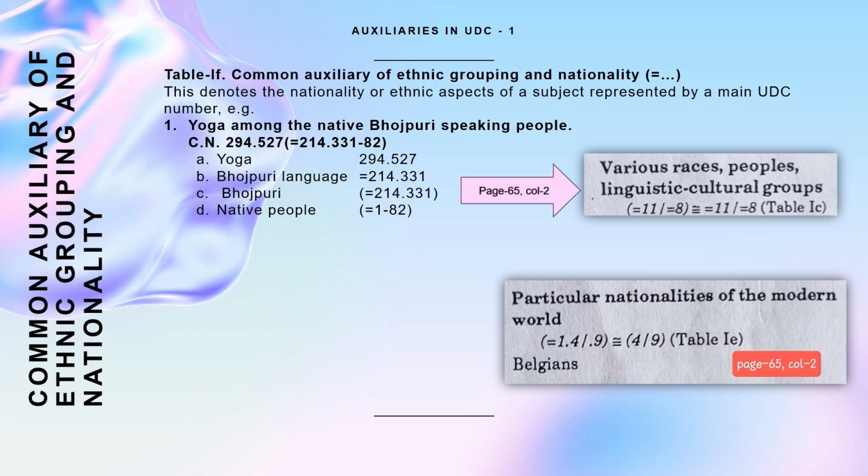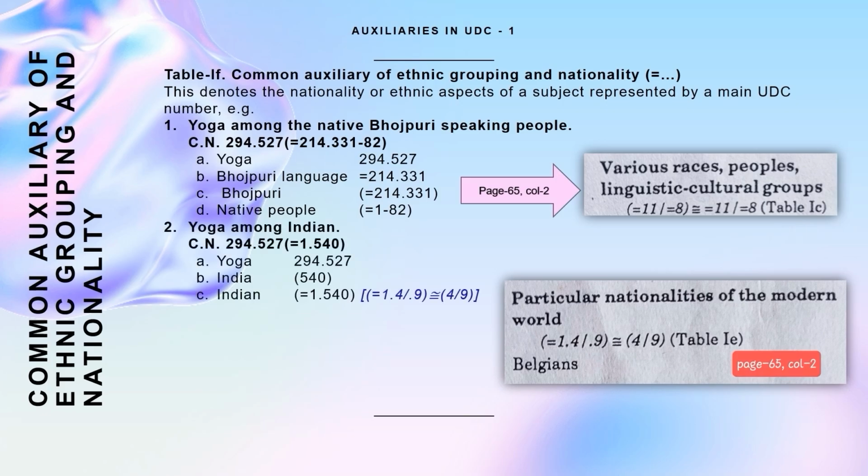Therefore, the Bhojpuri people is created using the Bhojpuri language. So, the class number will be 294.527 within parenthesis equal to 214.331 and -82 for native people because it is special auxiliary of 1. So, 1 will be replaced by this main number.